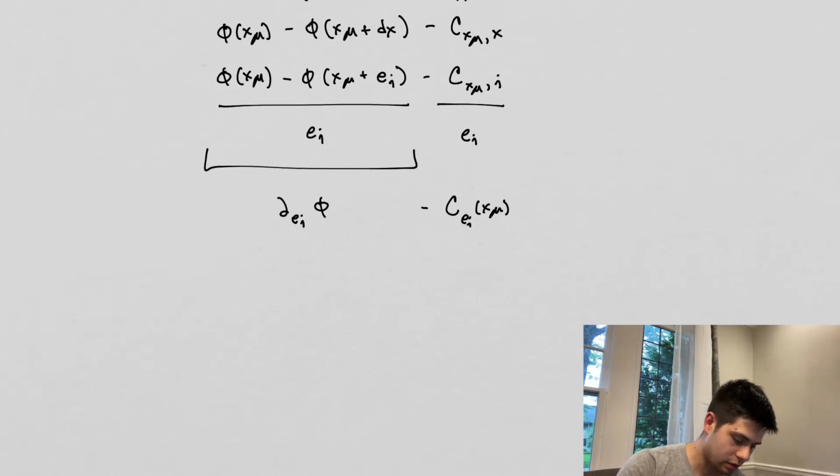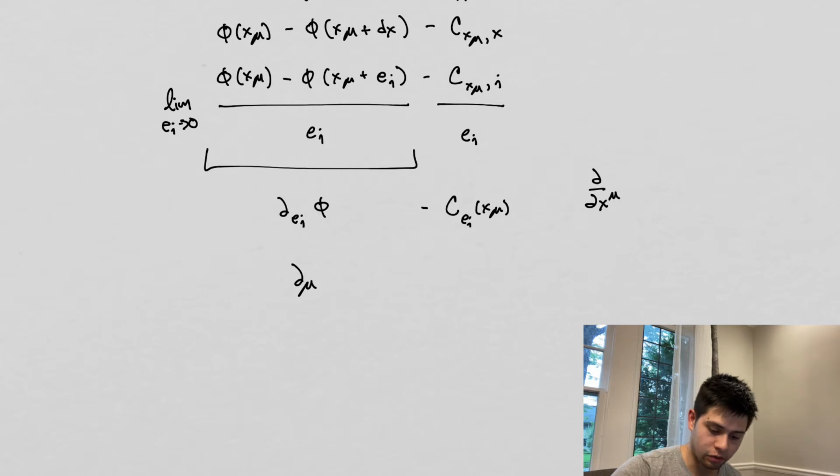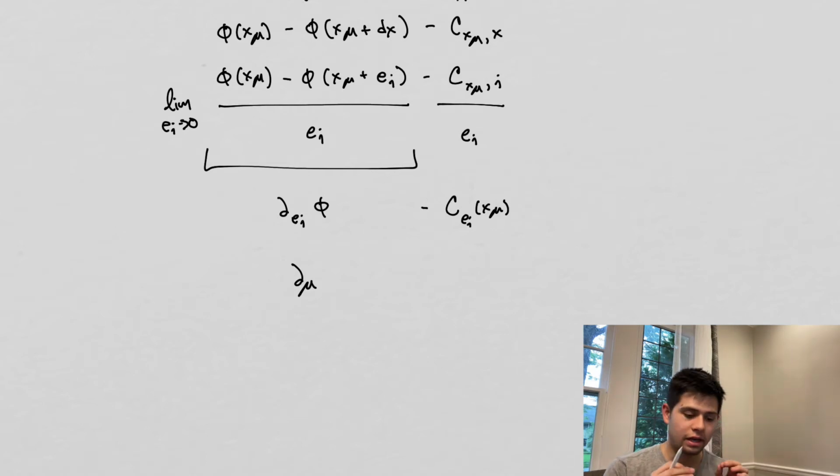So again, this right here, we could take the limit, right? We took the limit here as e i approaches 0, and we got a normal partial derivative as we travel in some direction. We can really kind of just shrink that down to d mu, right? Because what d mu stands for is d dx mu, right? And so mu runs from 0 to 3.